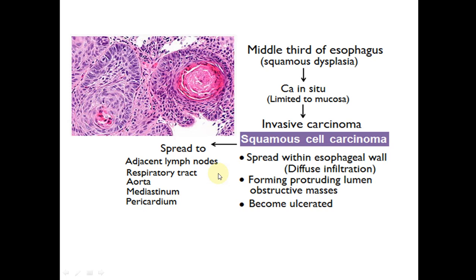So, the aortic arch, which lies in front of the esophagus, if a tumor is near to that region, and if it invades the aorta, serious complications and a catastrophe may occur. The tumor may also spread to the mediastinum, and sometimes it may involve the membranes of the heart, the pericardium.